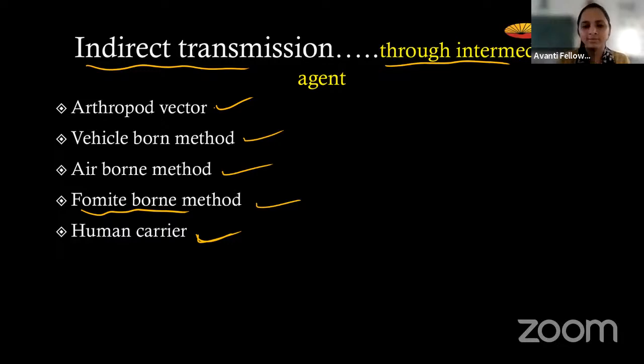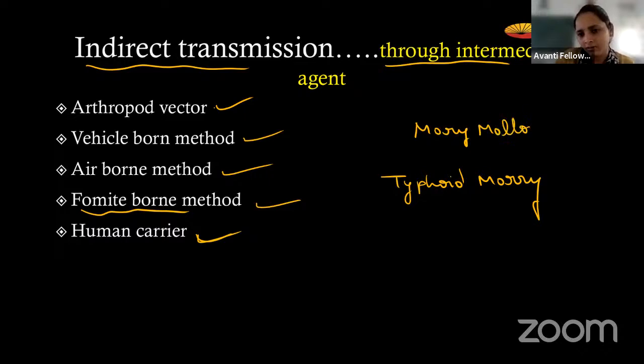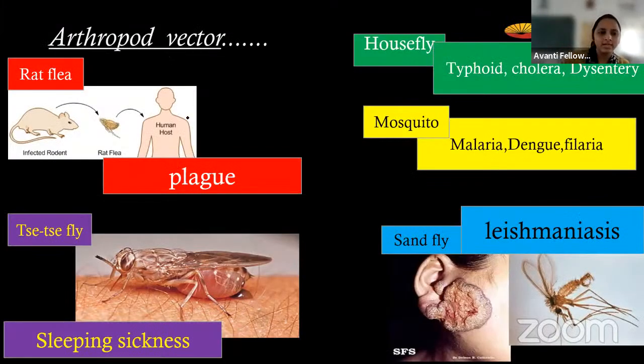That's why, though her name is Mary Mallon, she was given the name Typhoid Mary. Typhoid Mary is the example of a human carrier.